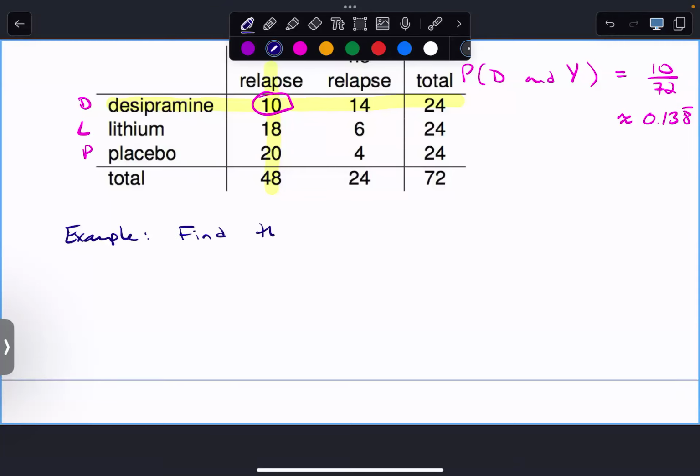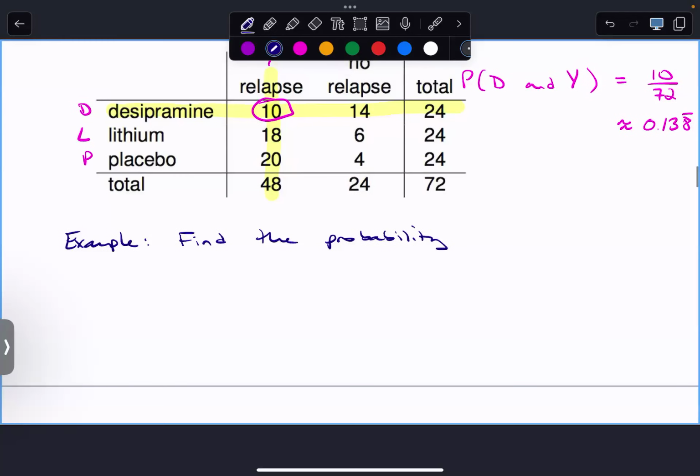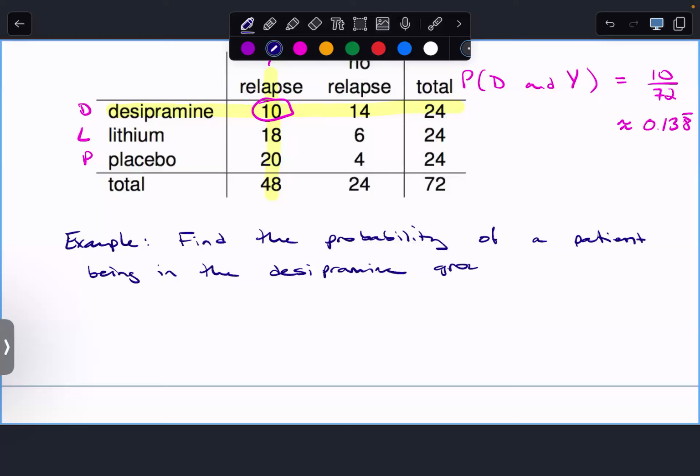Example, find the probability of a patient being in the desipramine group, knowing that they relapsed. If we know they relapsed.